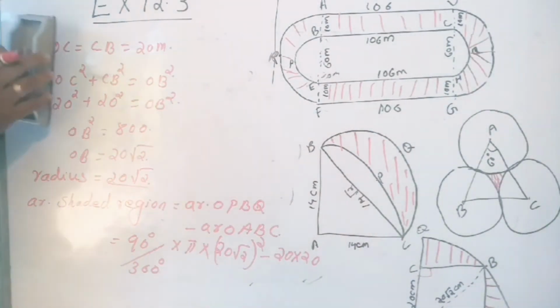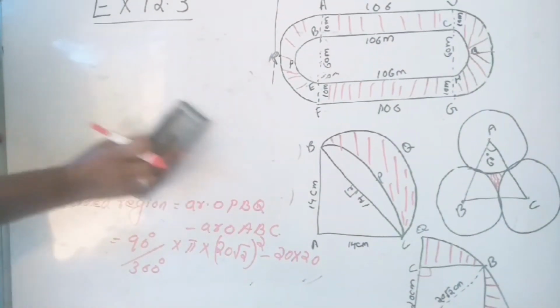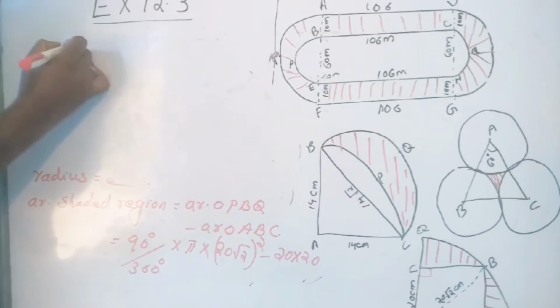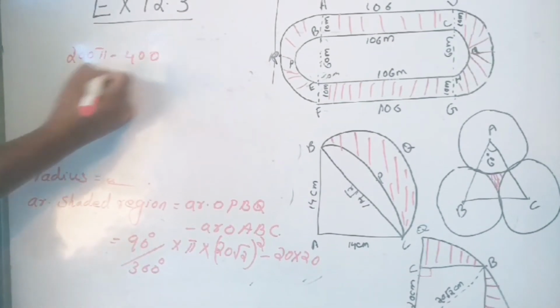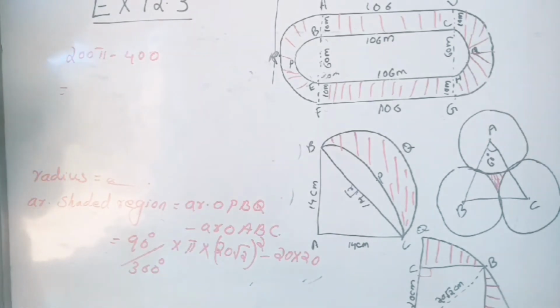And this is equal to 200 pi minus 400. In this question it is given to use pi is equal to 3.14.